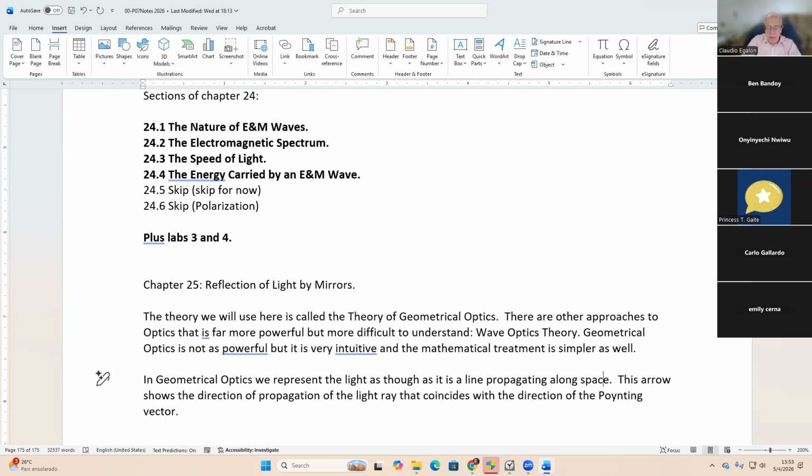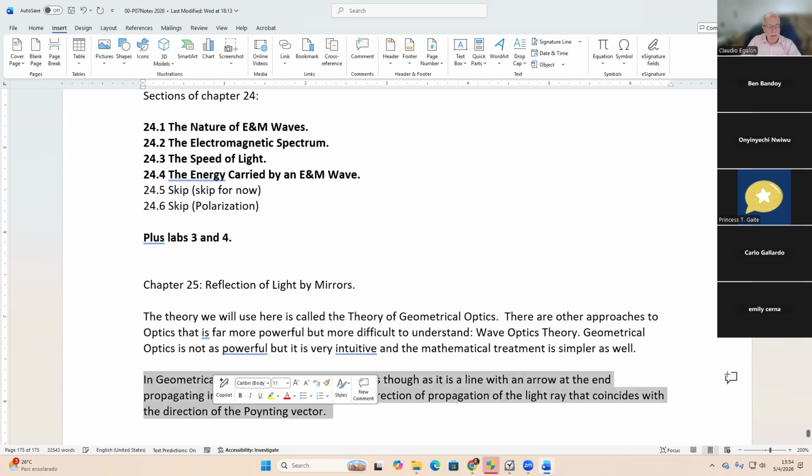A line with an arrow at the end, propagating in space. This arrow shows the direction of propagation of the light ray, which coincides with the direction of the Poynting vector that we saw in the previous chapter.